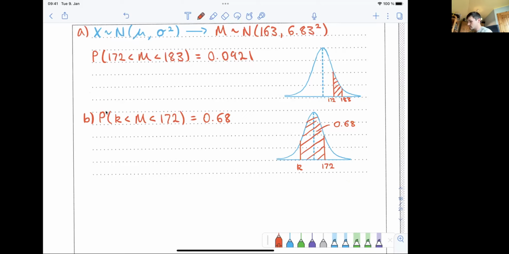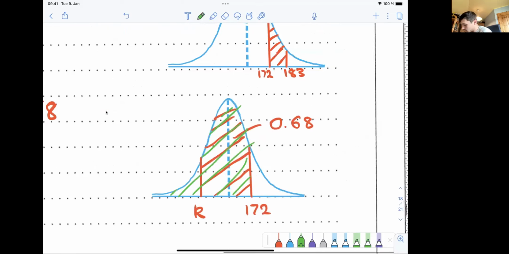Now, we need to find, obviously, the value of K, and there are a number of ways you can go about this. Though what I think will be the best way is if we were to find the area to the left of 172. So all of this, let's zoom in, all of this.